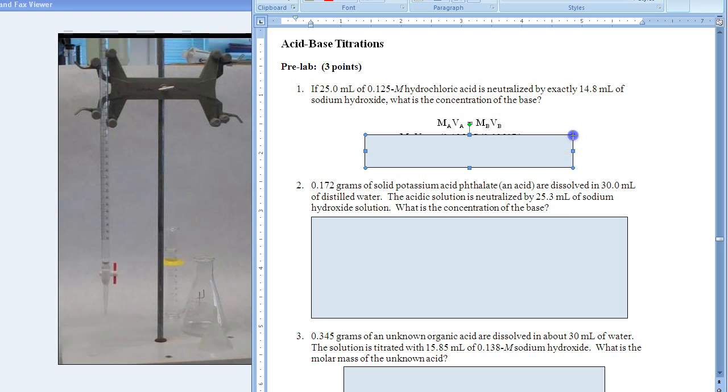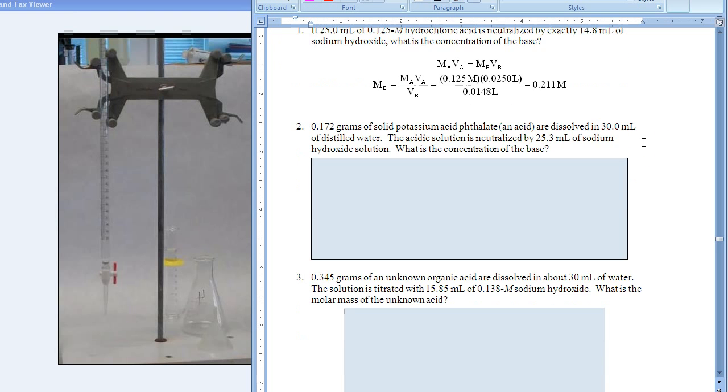So then we simply would manipulate to solve for the molarity of the base, and we would find that it's about 0.211 molar. Okay? Now, we've used the volumes here of liters. That's the appropriate volume unit for molarity, so make sure you pay attention to that.